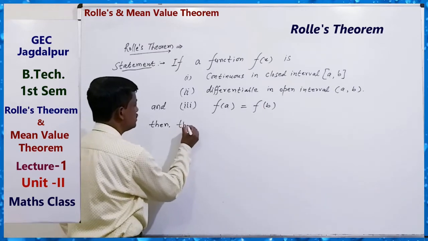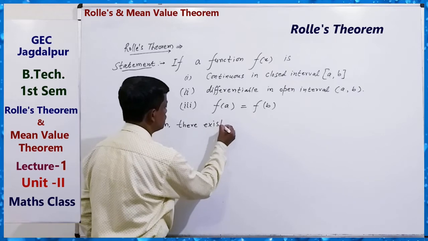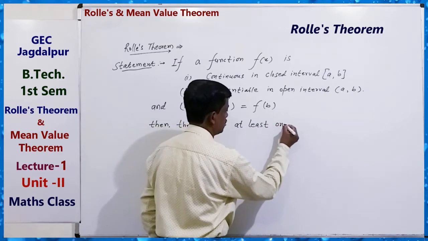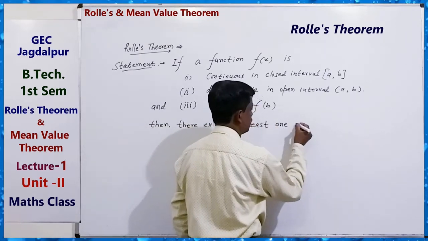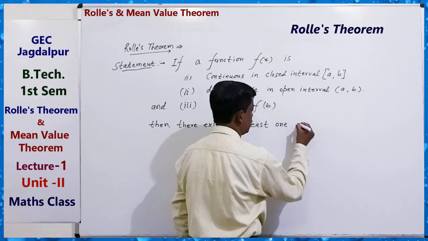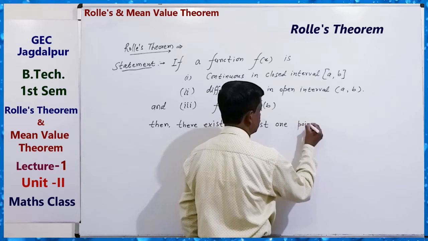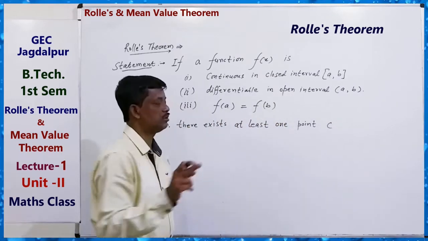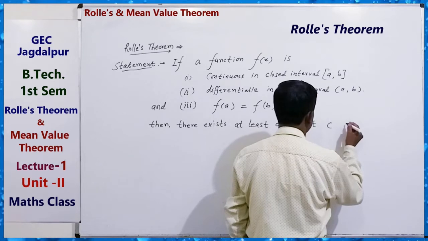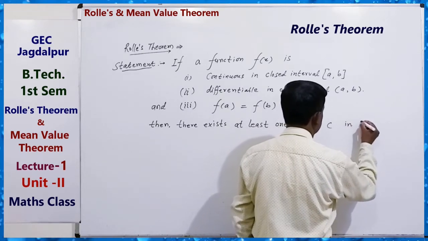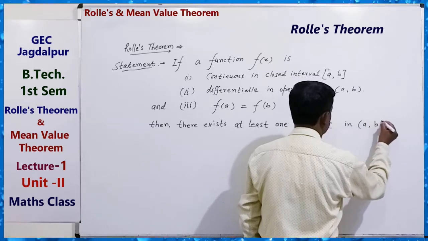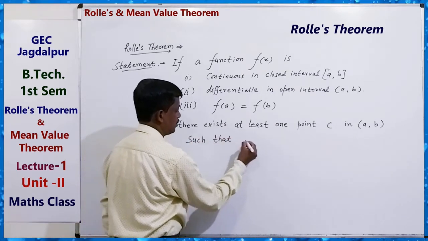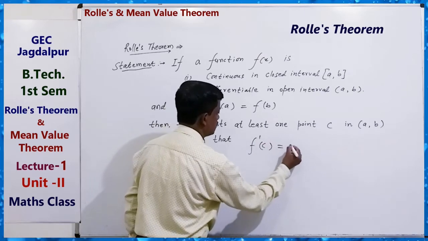Then there exists at least one point c in (a, b) such that f dash c equals 0.